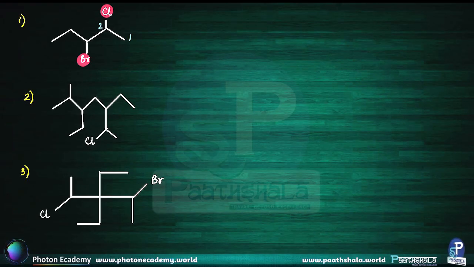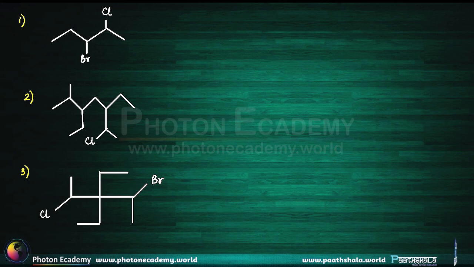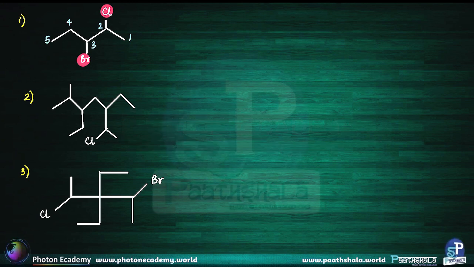So now let us see some questions about using all the rules that we discussed previously. So here in the first example, we have chlorine and bromine present. We start the numbering from the right hand side, 1, 2, 3, 4, and 5, because the least number will be from here as we previously discussed.